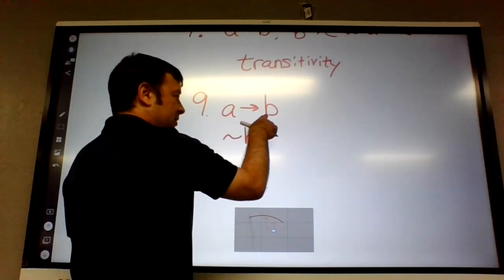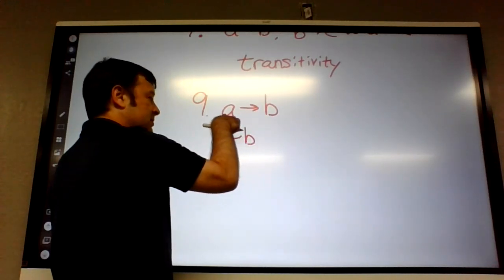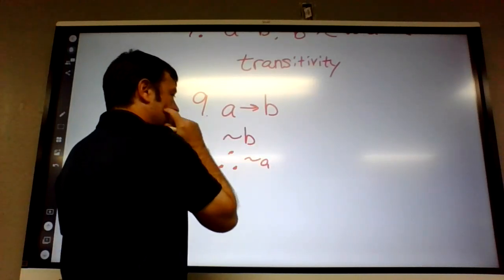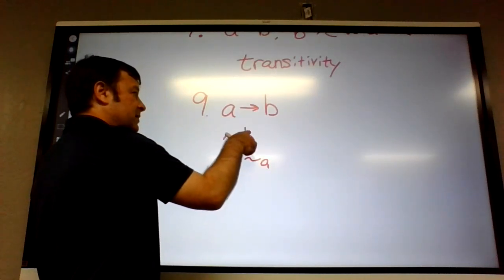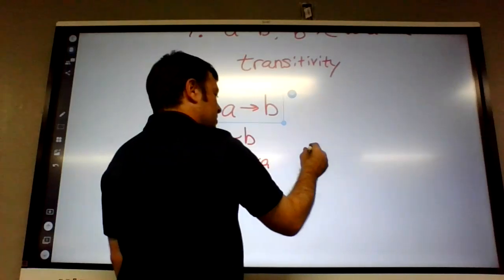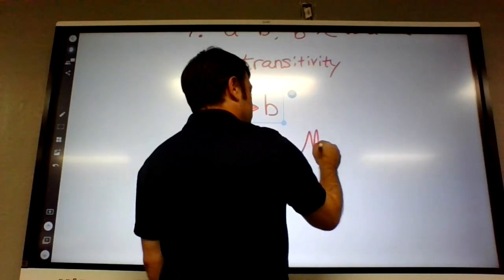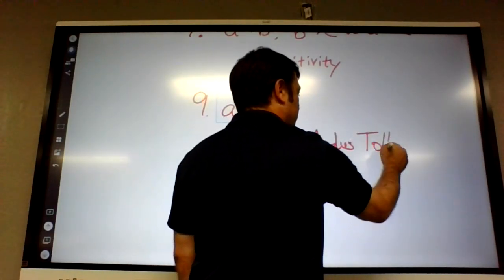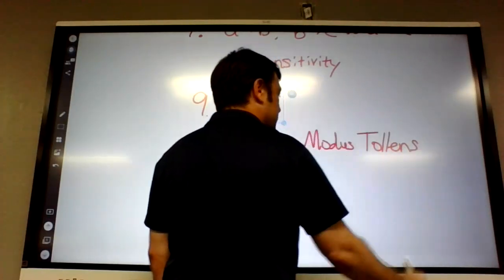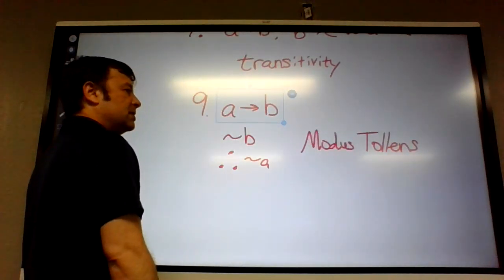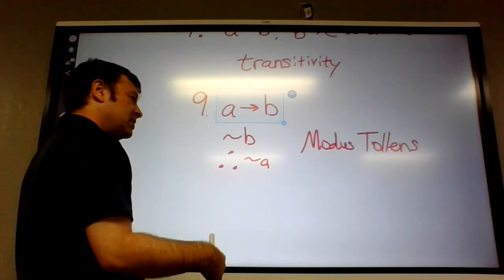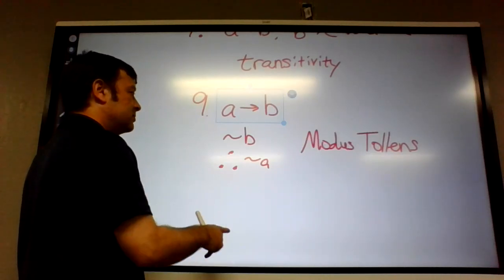If not this happens, then this couldn't have happened. So it's kind of like the contrapositive. Not this, then not this. So this is called modus tollens. Remember I said it's kind of in alphabetical order. The more complex one, modus tollens, T comes after P, the more complex comes after the simpler.